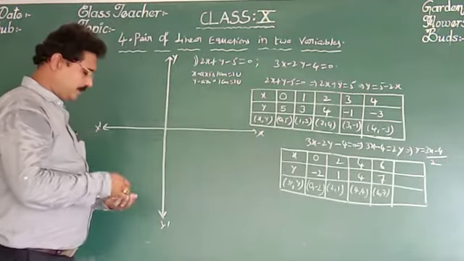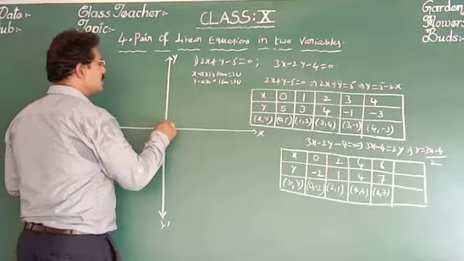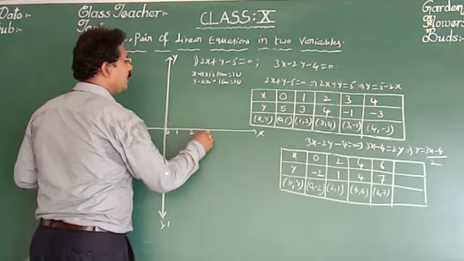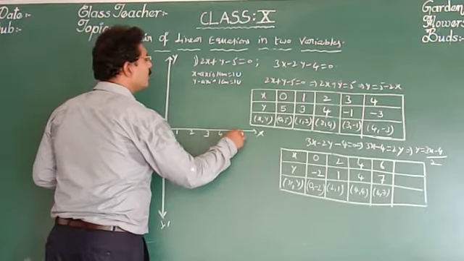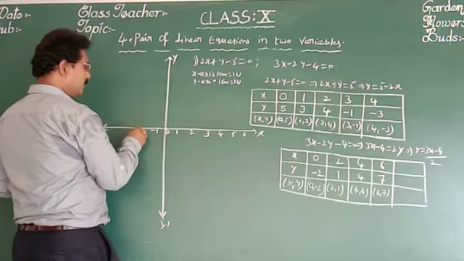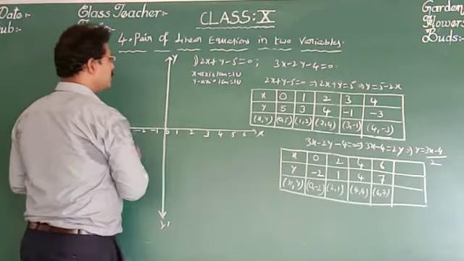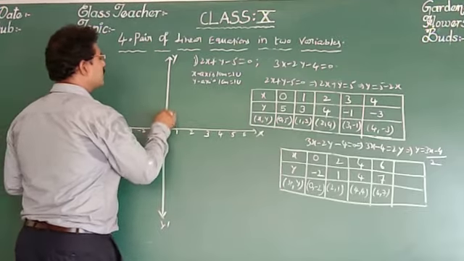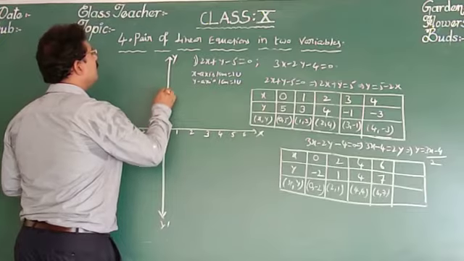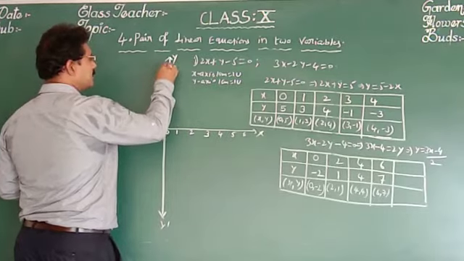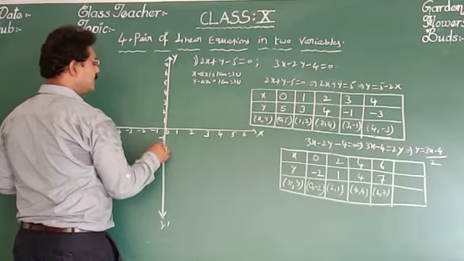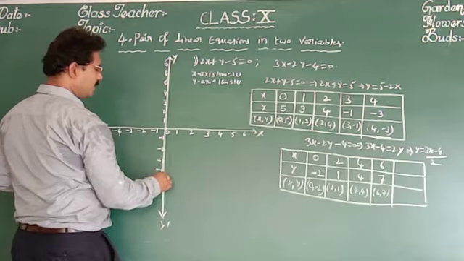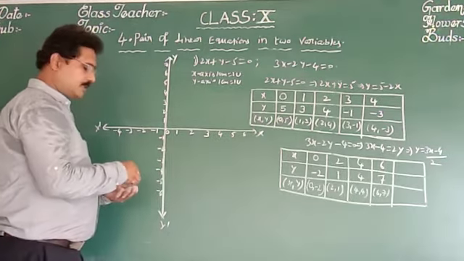Now let us mark the points 0, 1, 2, 3, 4, 5, 6. Now negative: minus 1, minus 2, minus 3, minus 4. Now y-axis 1, 2, 3, 4, 5, 6, 7. Minus 1, minus 2, minus 3, minus 4, minus 5, minus 6. Enough. These are the values.